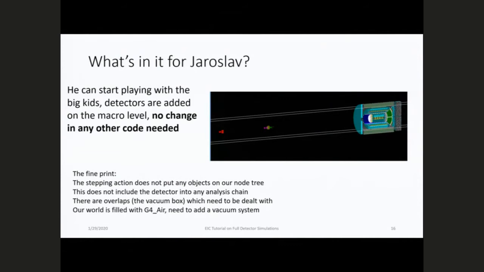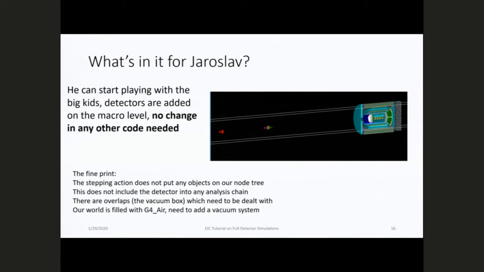Naturally, there's fine print. Since the stepping action he uses is different, it does not put any objects on our node tree. So he leaves the cat litter outside somewhere. That means you cannot include the detector into any fun4all supported analysis chain. Definitely, when you look at this, that's his vacuum box, which goes straight through the EIC detector.